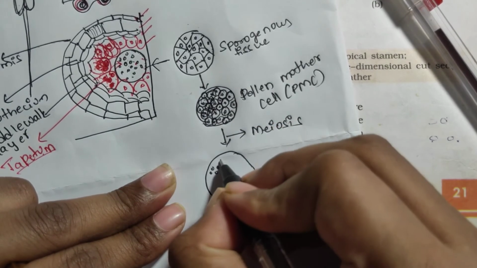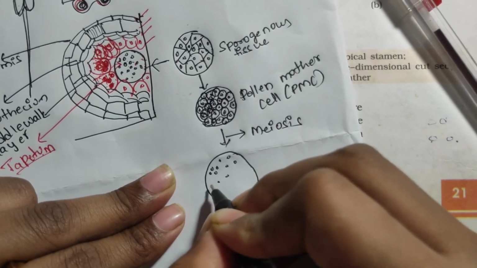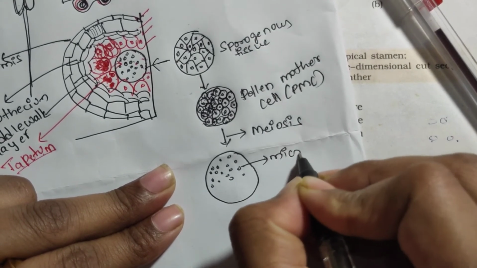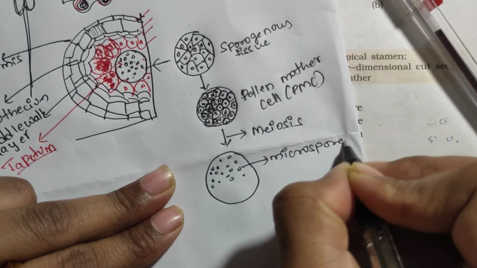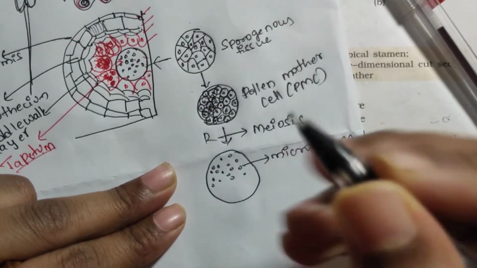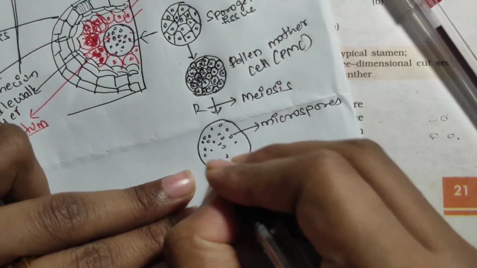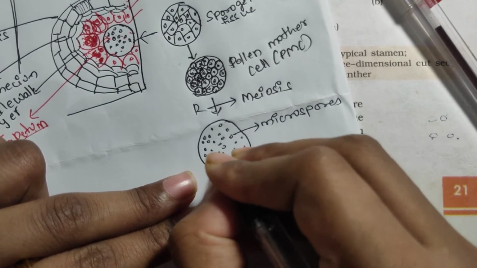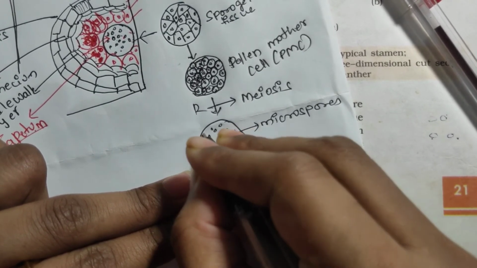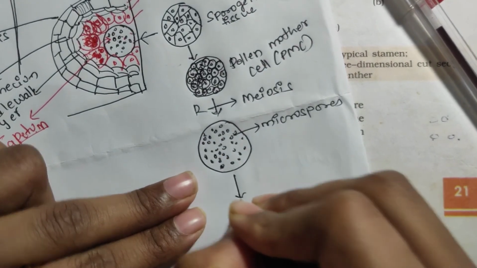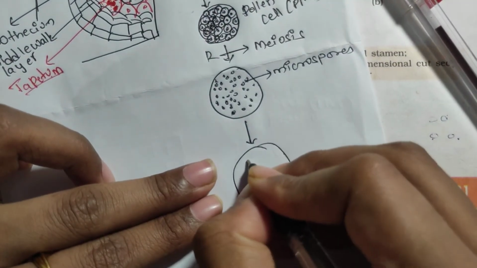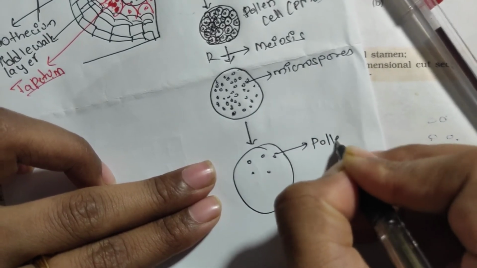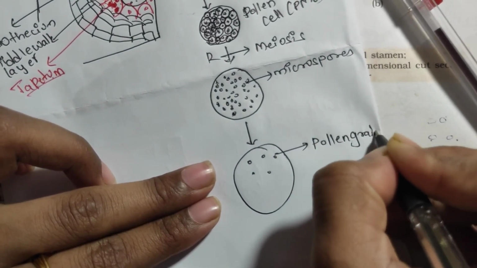All of them are going to give rise to the microspores after reductional division called meiosis. And these microspores, after attaining a kind of maturity, are going to develop vacuoles with a dense cytoplasm, and they are going to become pollen grains. These microspores, we are going to call them pollen grains.